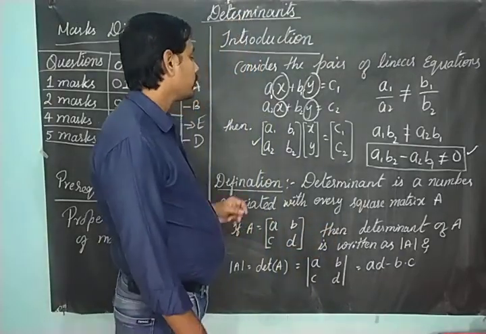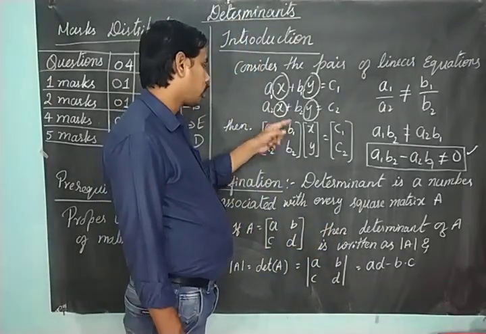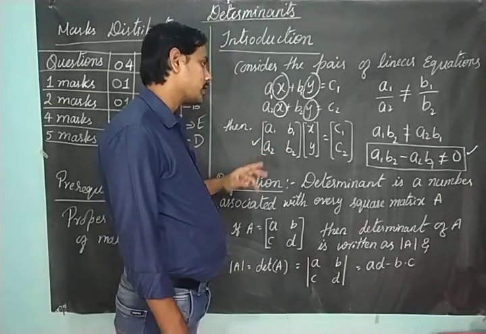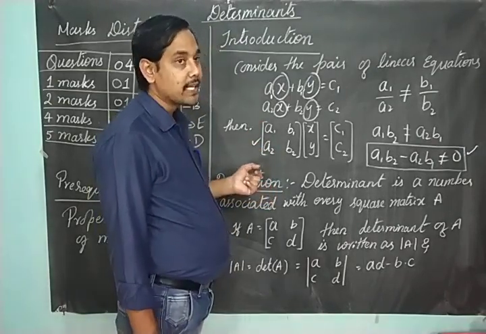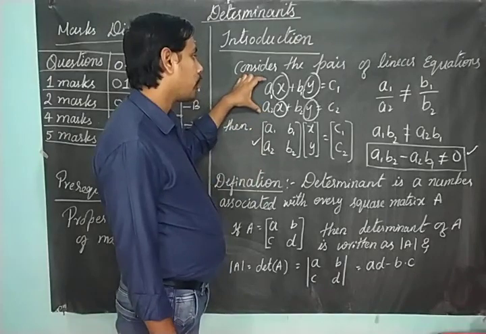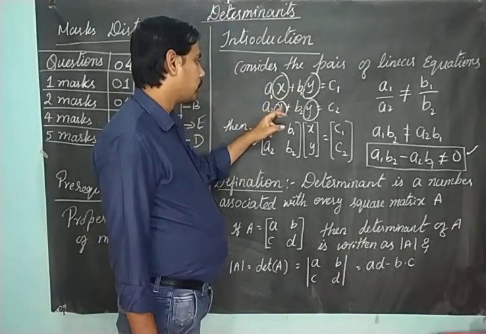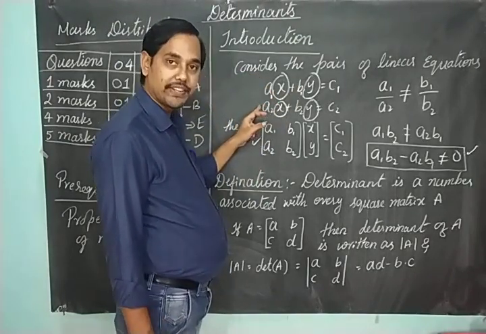Why does this happen? If the number of rows is equal to the number of columns, then only do we call it a square matrix, right? Here, how many unknowns are there? x and y. How many equations are there? 2 equations.